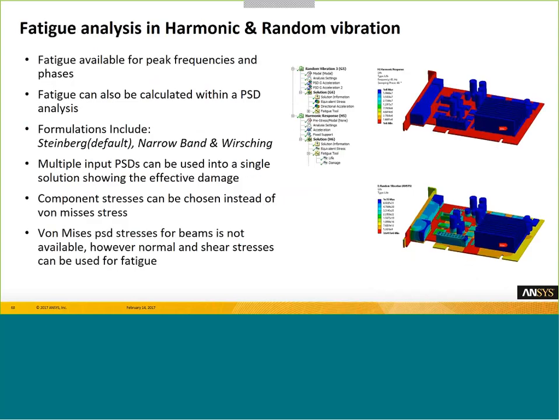For harmonic and random vibration, we've expanded the scope of the fatigue tool. So the fatigue tool allows us to look at things like life and damage that parts or assemblies see during their lifetime.